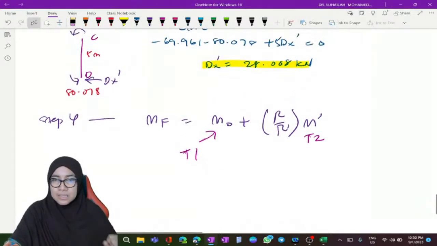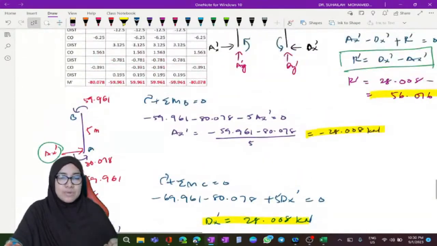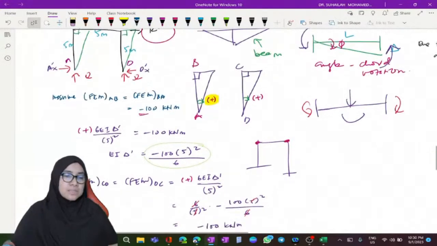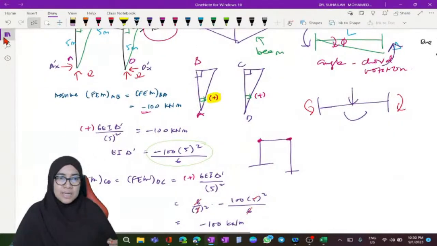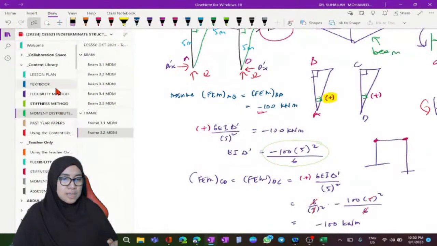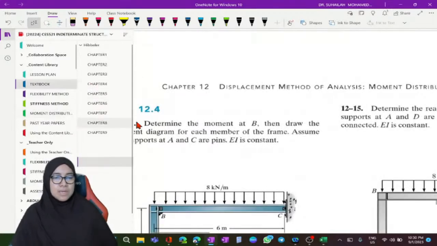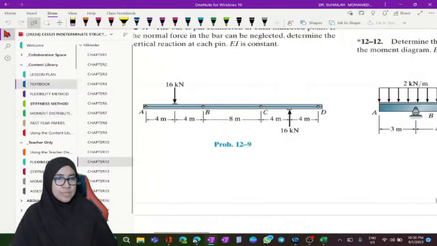That is the process, and this one is actually, as I mentioned, a question in the textbook. Okay, let's see together the textbook, under chapter number 12.